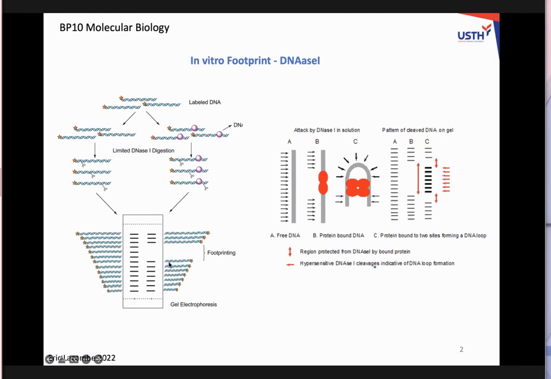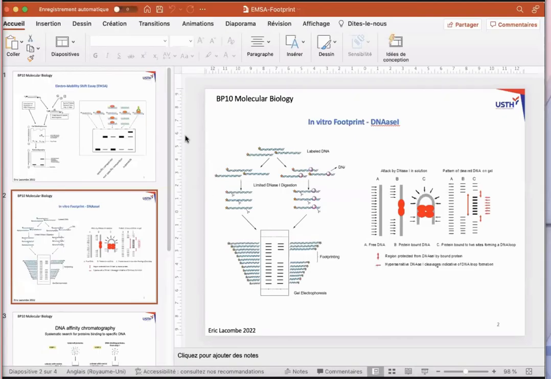You see the concept? Conceptually? So you protect the protein DNA interaction with your transcription factor, protect the DNA from being cut by the DNase. So you can have a very nice picture on what are the sequences that are protected by the interaction of the transcription factor. Does it make sense for you? Okay. So we're going to use this method. So I stop sharing this and I go back to the exercise.